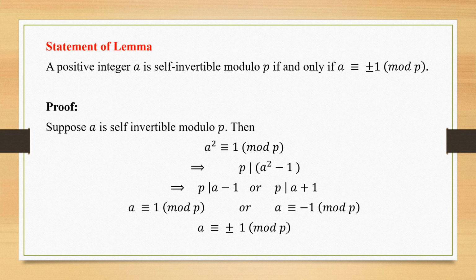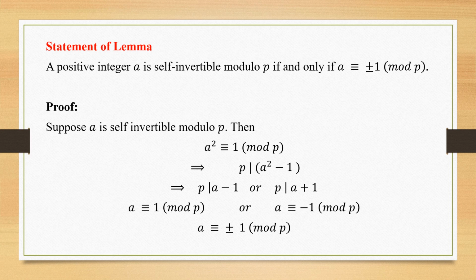By the result of self-invertible modulo p, we have a square congruent to 1 mod p, which implies, you know what modulo division is, p divides a square minus 1, which further implies, you know what a square minus 1 is. Therefore, p divides a minus 1 or p divides a plus 1, either of these cases.